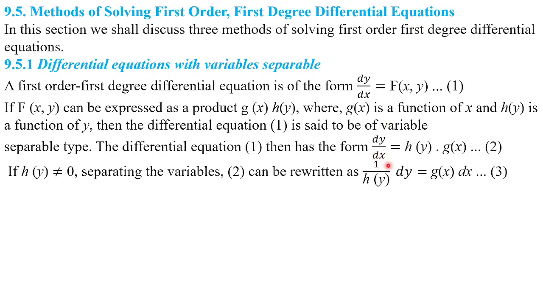Actually dy by dx is a notation. We cannot treat it as a fraction, numerator by denominator. On the whole, it is a notation. But for convenience, the mathematician Leibniz said this notation can be treated as a fraction.